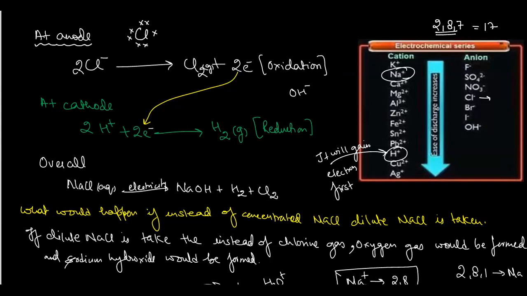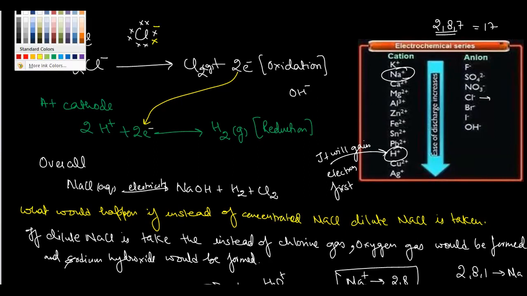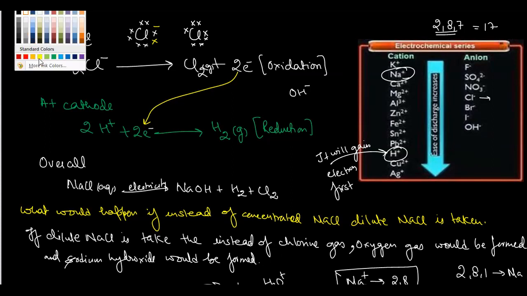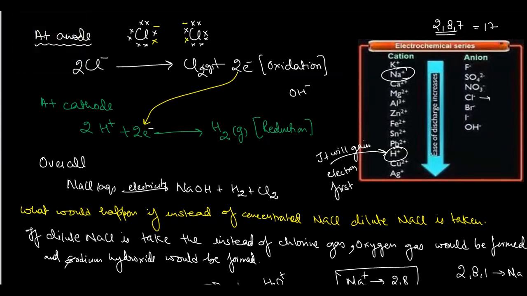But when we have a chloride ion, it has an extra electron, which makes it negatively charged. So with two chloride ions, each has 7 original electrons and 1 borrowed electron from the other one. That's why they are negatively charged ions.